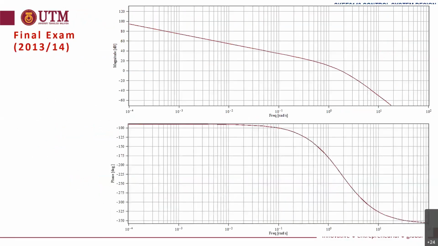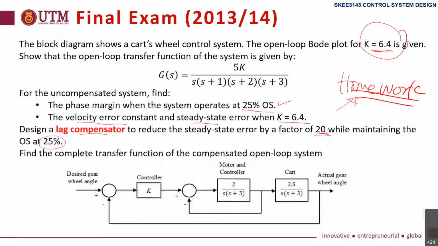It shows that the open loop transfer function is given by G(s) equal to this. This one you can obtain by multiplying all this in series.